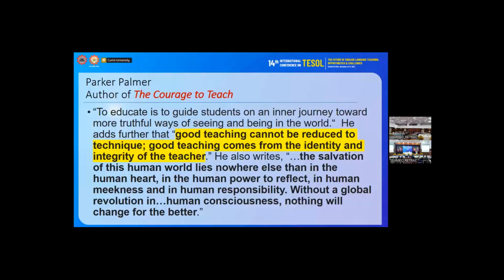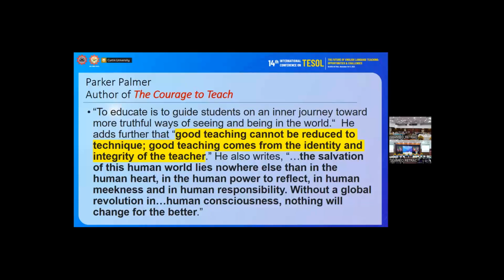And as we continue on, let's look at what Parker Palmer wrote. I don't know if you've heard of him. He's a wonderful American educational philosopher. He wrote: to educate is to guide students on an inner journey toward more truthful ways of seeing and being in the world.